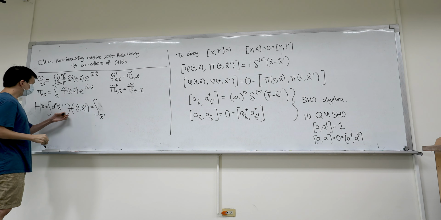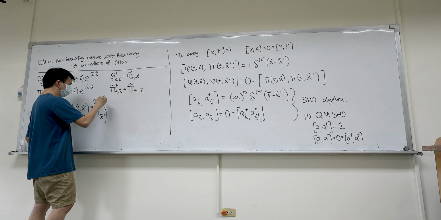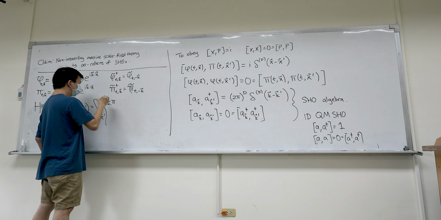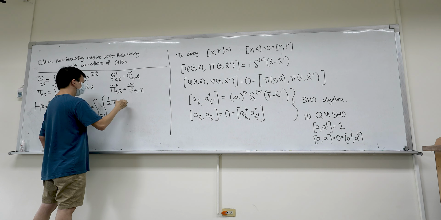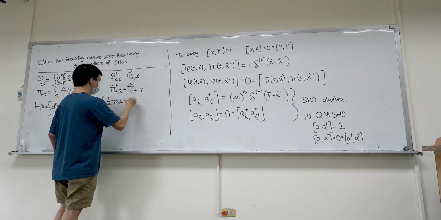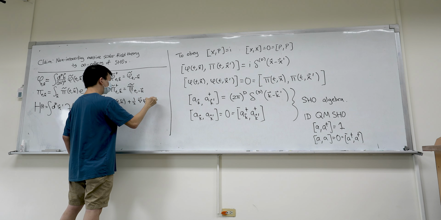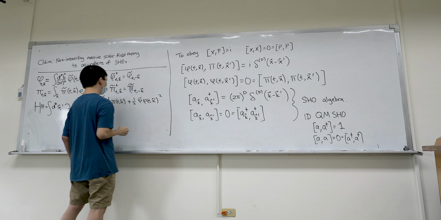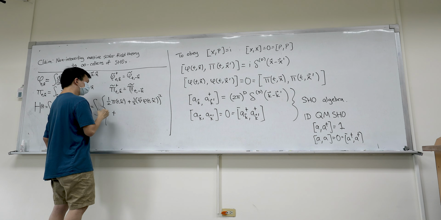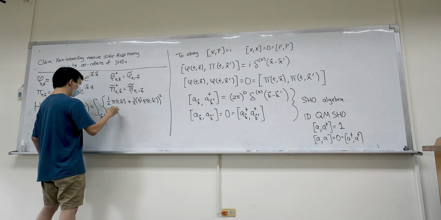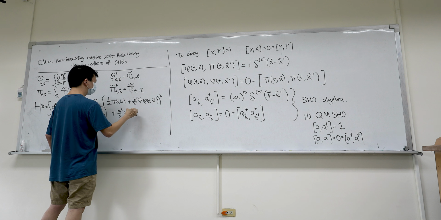And the Hamiltonian in particular, remember, is just one half pi of t, x prime squared, plus one half of grad phi of t, x prime squared, squared meaning dotted with itself, and then plus m squared over 2 phi of t, x prime squared.